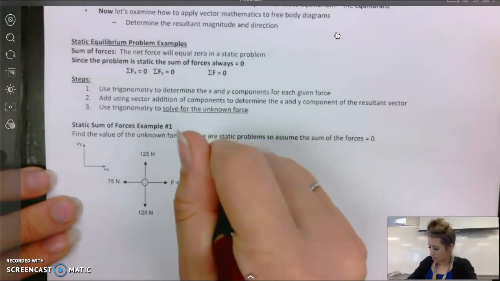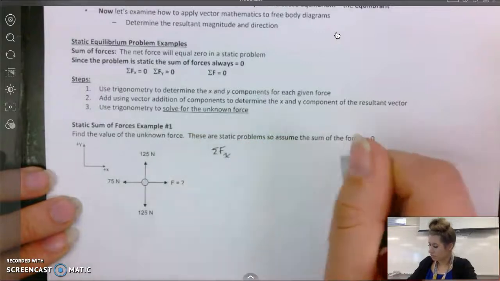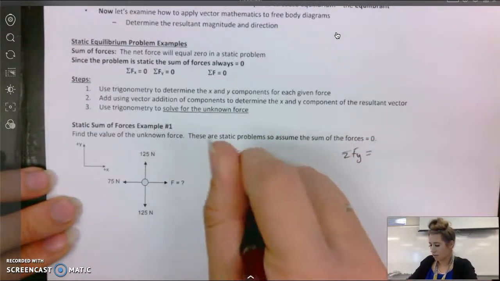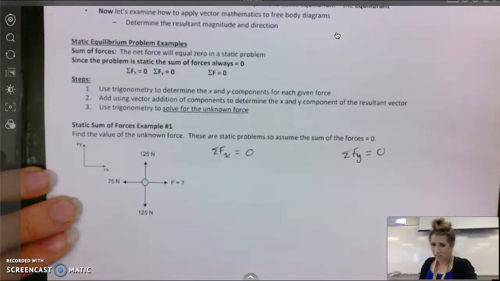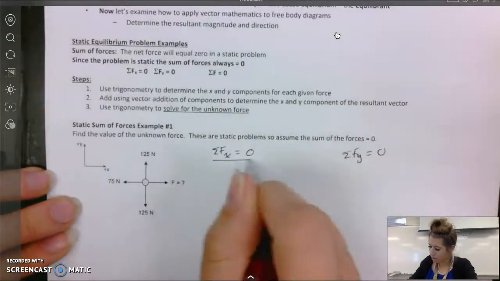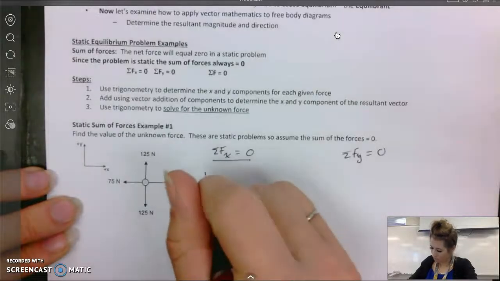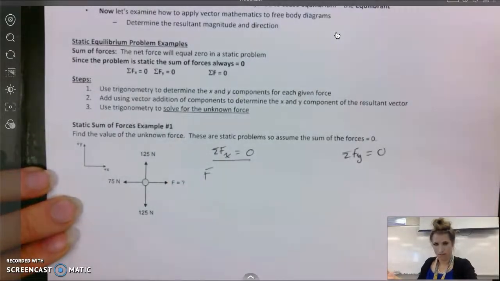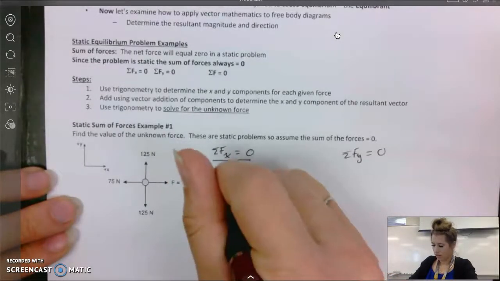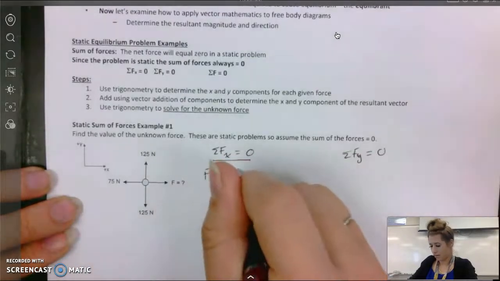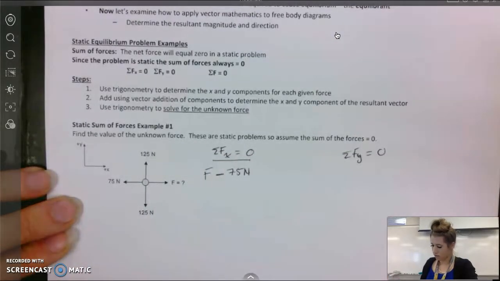So I'm going to look at the sum of the forces in the x and the sum of the forces in the y. And a reminder, the problem told us that they're going to equal 0. Okay? So in the x direction, we have this force, some positive force, and then we're going to add that to the negative 75 newtons. Okay?